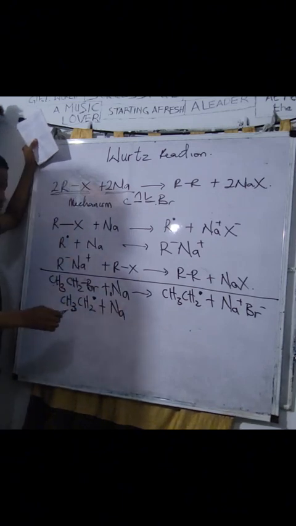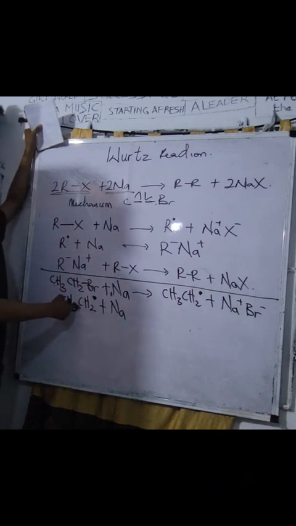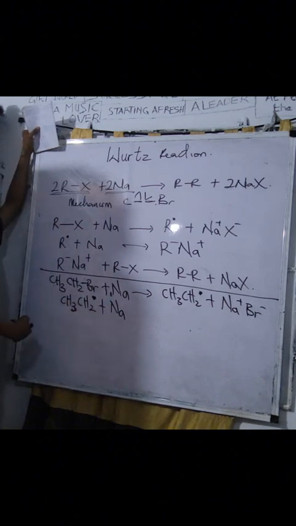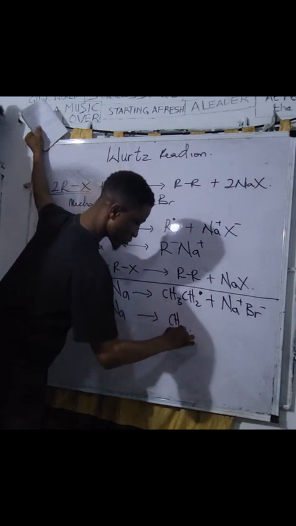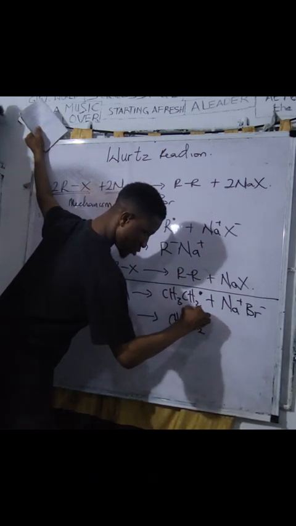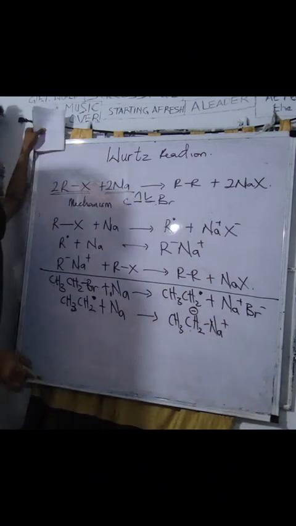And don't forget, we've already said that this is a radical and it's on carbon. And carbon is electronegative as well. So what they will do to sodium is pull an electron from sodium. So you now have CH3CH2 with a minus, and it's now bonded to sodium, that is plus.